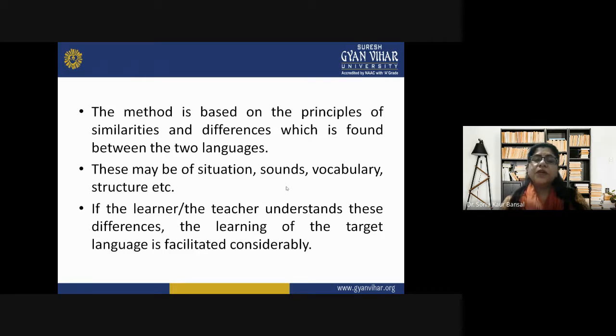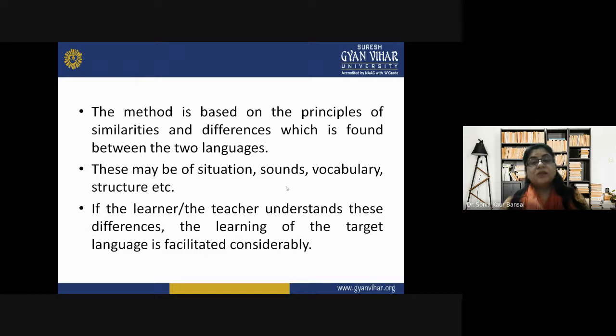So we are finding the similarity of the word and also differences of the word, opposites of the words, whatever the child is easily understanding. There may be situations where in one particular language the situation is not understood, but in another language the situation is very well understood.